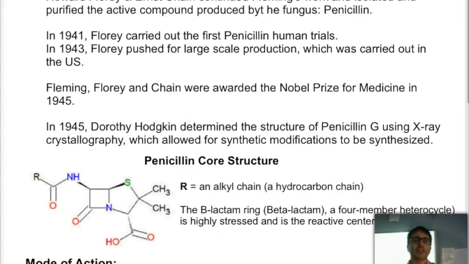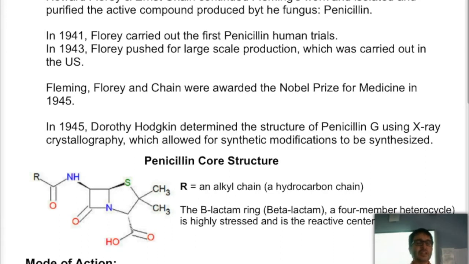As Fleming goes on to figure this out, he realizes that the penicillium must produce something that kills bacteria. Fleming's work was continued by two medical professionals, Howard Florey and Ernst Chain. Basically, they took the compounds that were being made by the Penicillium notatum, and they realized that it wasn't the living Penicillium notatum that caused this, but something that it produced. And they were able to isolate the pure compound, which was the penicillin compound.